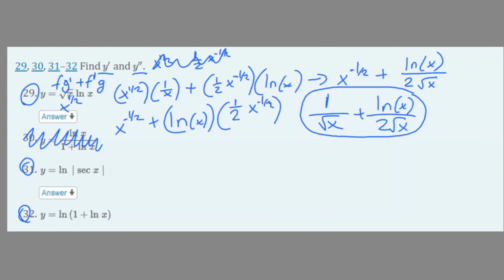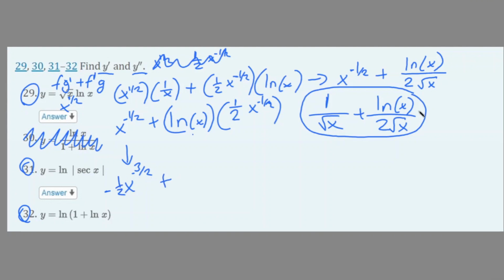So now we have to find the derivative of this. So we know the derivative of the first part, where we're going to use the power rule, x to the negative 1/2 power. The derivative is going to be x to the negative 3/2 power, and we're going to put the negative 1/2 in the front, so we have negative 1/2.